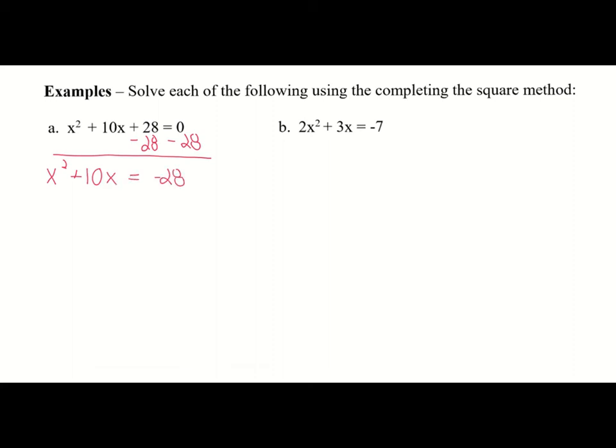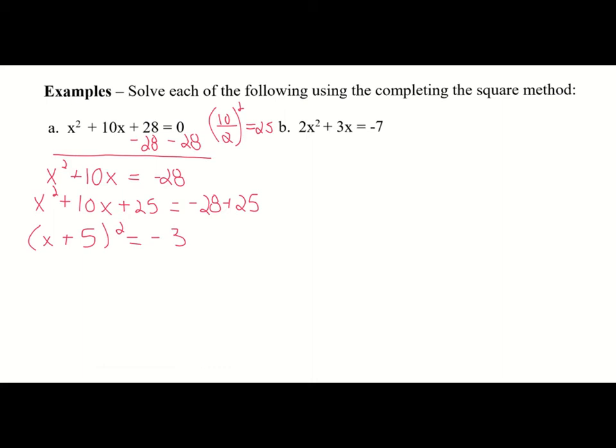And then b is 10, so 10 divided by 2 squared is 10 divided by 2 is 5. 5 squared is 25. So we're going to add 25 to both sides. And that will leave us, when we factor, x plus 5 squared is equal to negative 3.